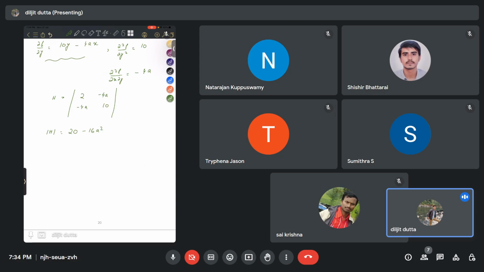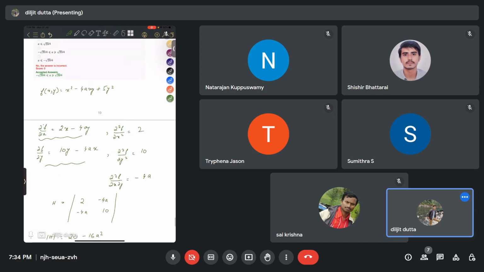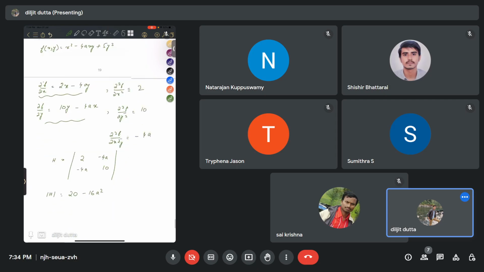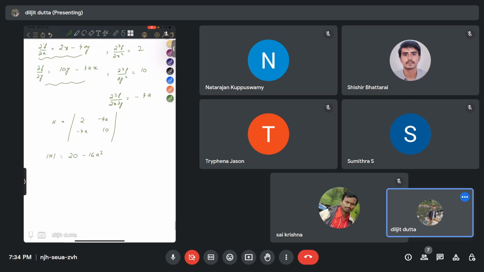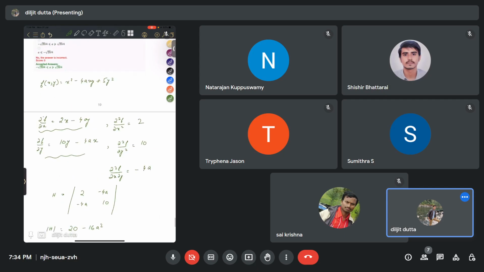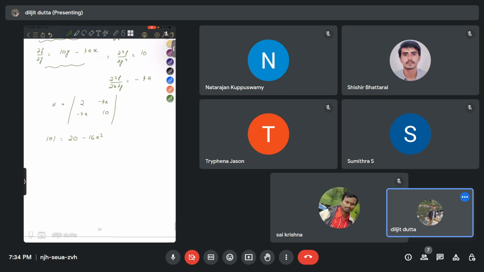So this principal determinant will be 0 if a is equal to under root 20 by 4.